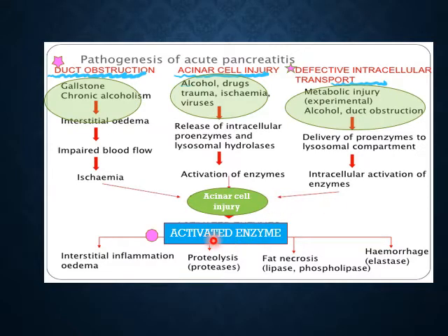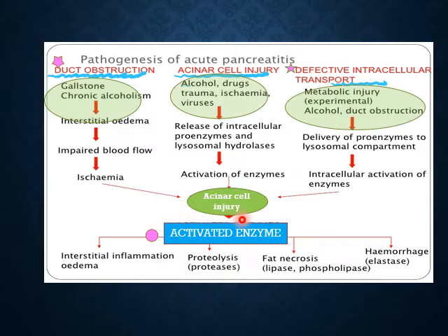So in the acute inflammatory process, the main damage is to the acinar cells, which are injured, acinar cell injury, which releases activated enzymes. And this causes interstitial edema, proteolysis, fat necrosis, and hemorrhage due to elastase. Okay, what causes this acinar injury?